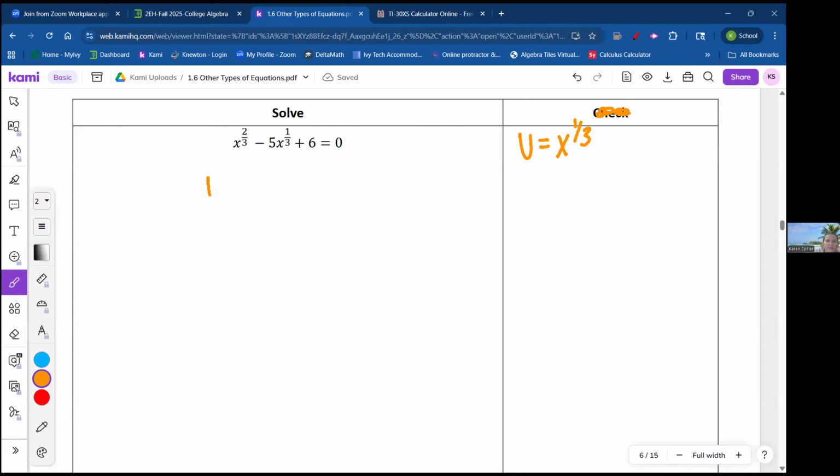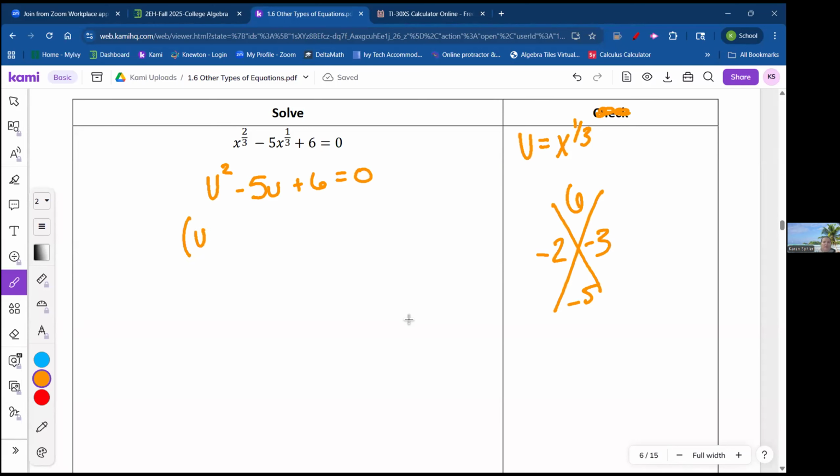So this becomes U squared minus 5U plus 6 is equal to 0. And you're like, all right, well, what multiplies to give me 6 and adds to give me -5? -2 and -3, right? -2 times -3 is +6. -2 plus -3 is -5.